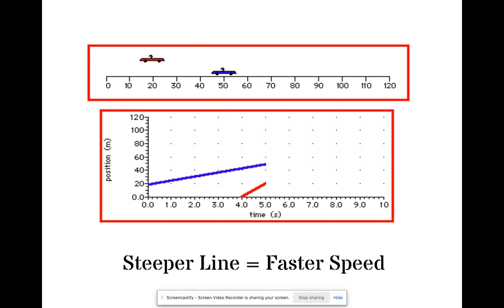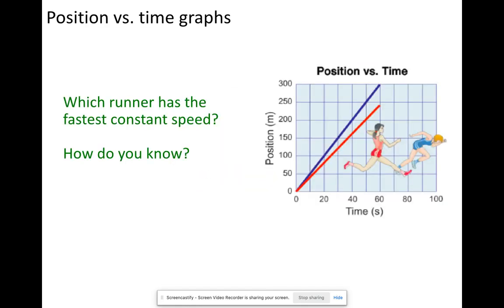And so if we look down at the graph, we can also clearly see that the red line has a steeper slope, so therefore it has a faster speed. So applying that information, which runner has a faster constant speed, or we could say has a faster constant velocity? And how do you know this? What information on the graph is allowing you to draw that conclusion?